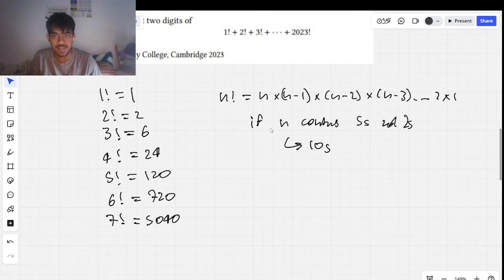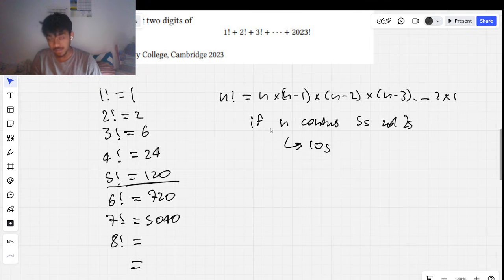What this means is that you are adding a 0 at the end of whatever number you're having because you're multiplying by 10. And we can see this in the 5 factorial example. All the factorial numbers from 1 to 4 do not have a 0 at the units digit, but 5 and 6 and 7 do. And I assume that when we get to 10, you will have 2 zeros, and I think that's very important because we are looking at the last 2 digits.